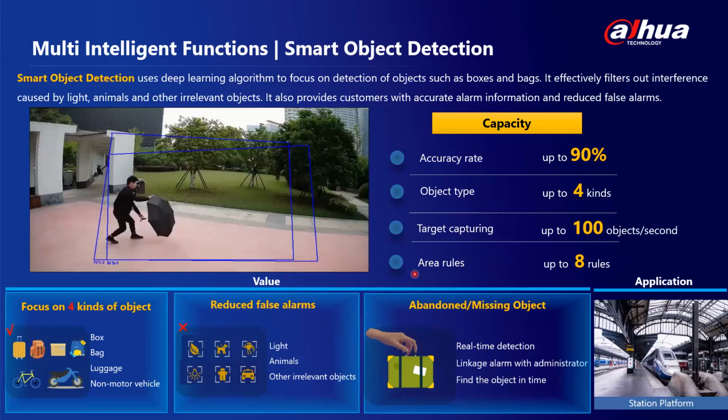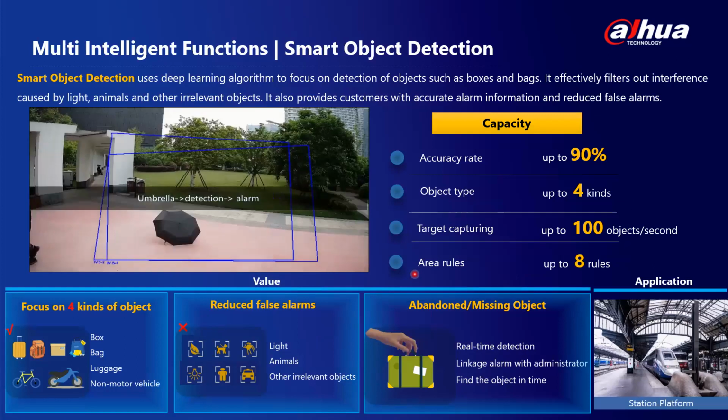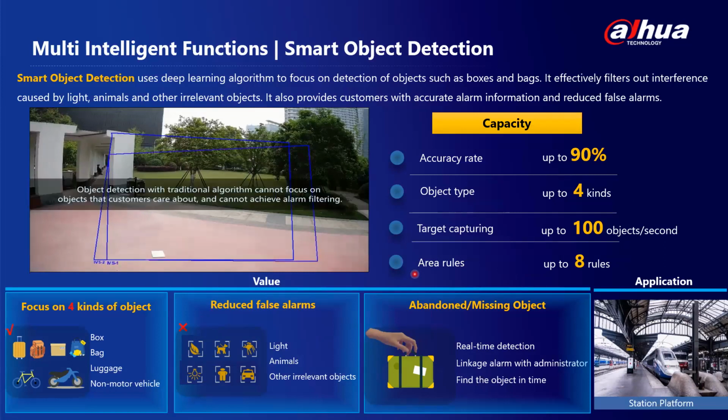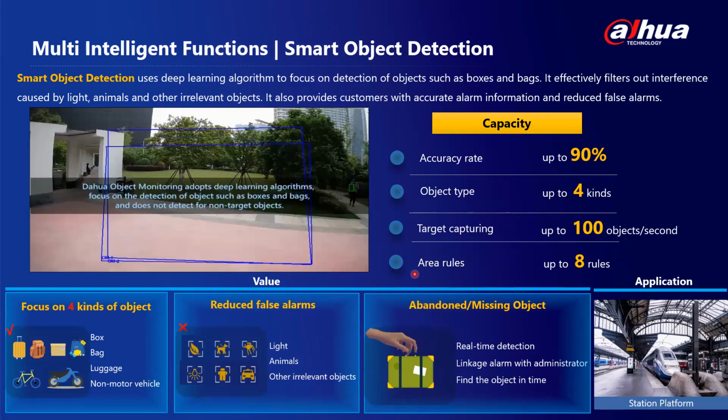So this is the smart object detection function. This smart object detection detects different types of products, with the use of the deep learning algorithm.